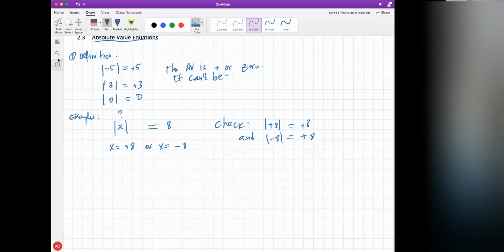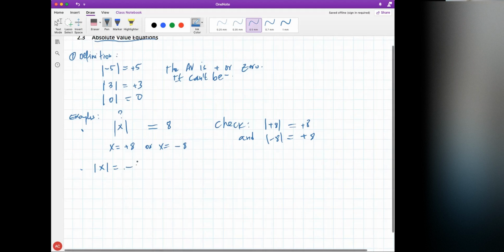So there's another example here. What if you have the absolute value of a number x is -2? The absolute value of some x is -2. So what do you think of this equation? Is there a number x? This is not correct. That's right.